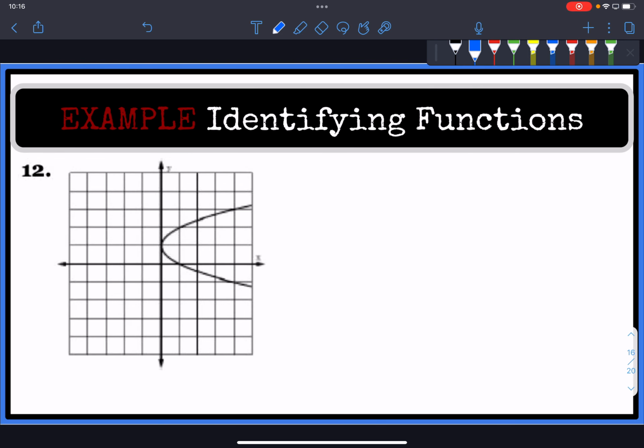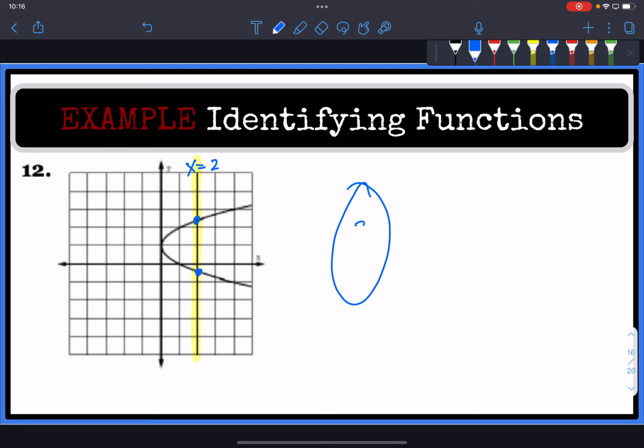And number 12, this is not a function, because our vertical line, sorry, I meant to draw a vertical line here. Let me fix this. Because if I draw a vertical line right here, we can clearly see again that we touch the graph in two different locations. So that means that x is equal to 2.